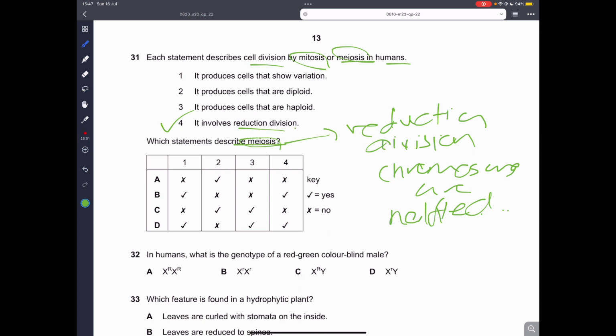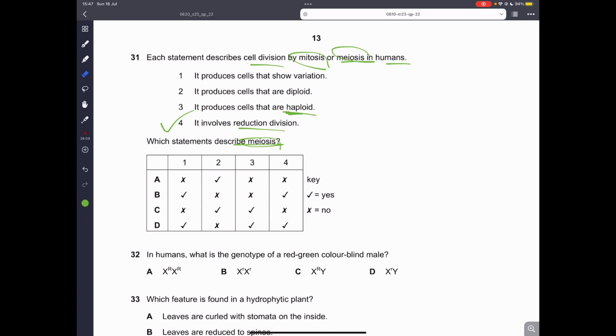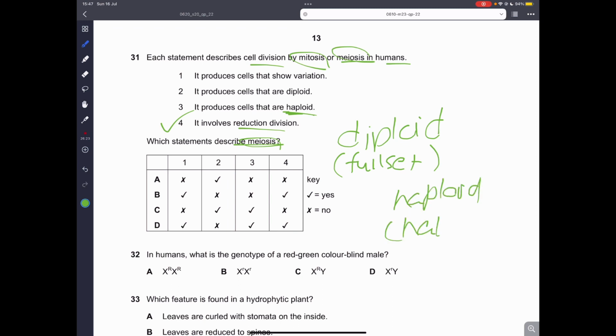It produces cells that are haploid. Remember to know the difference between haploid and diploid. A diploid is produced by mitosis and it has a full set of chromosomes, while a haploid only has half the set.